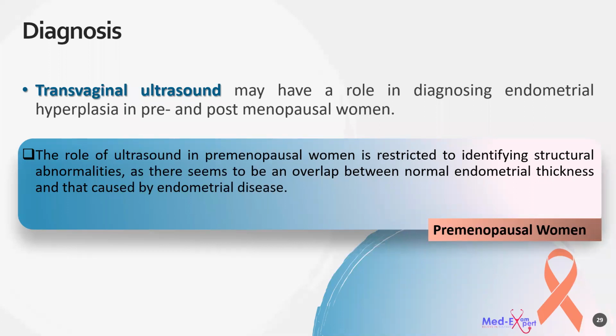So the role of ultrasound in the premenopausal state is just restricted to identifying other structural abnormalities like fibroid and adenomyosis, which may be found coincidentally in some cases with abnormal uterine bleeding, because there is overlap between the normal endometrial thickness and that caused by endometrial disease. So of course, in the postmenopausal state, the TVS will be more accurate than in the premenopausal state.